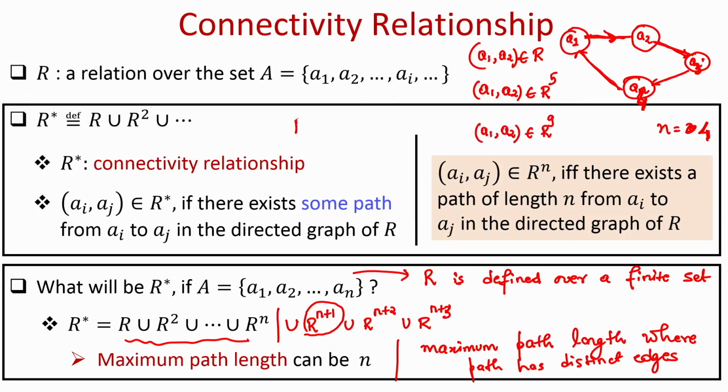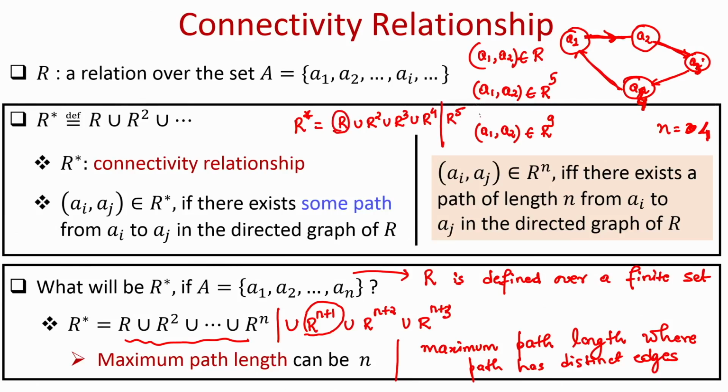So, when I will be constructing R star, which will be the union of R and R power 4, then anything which is present in R power 5, R power 9 and so on, say for instance this element A1 comma A2, would have been already subsumed in R itself.